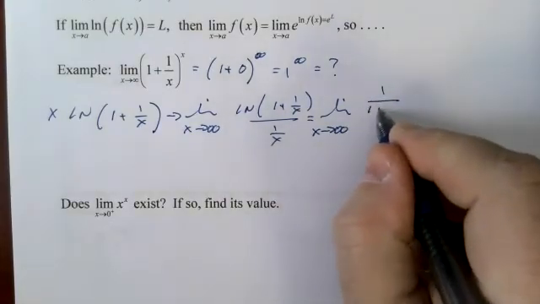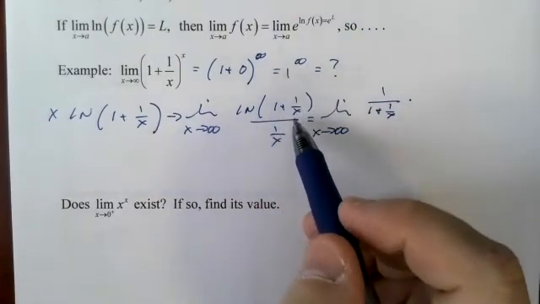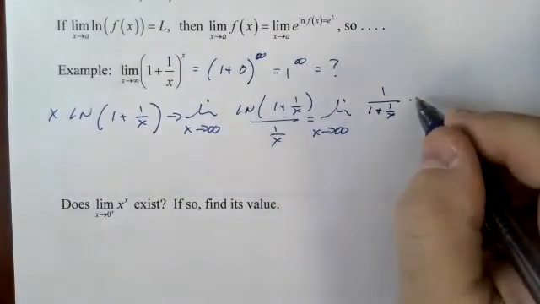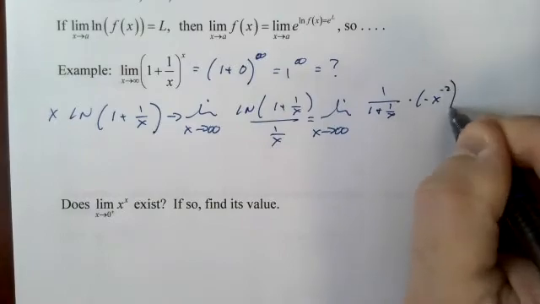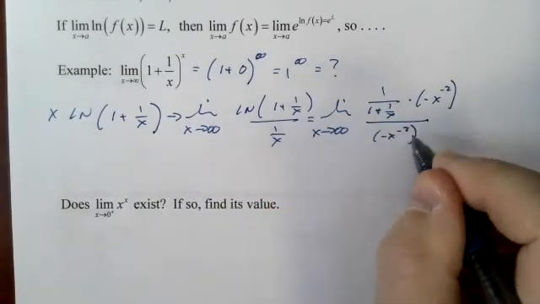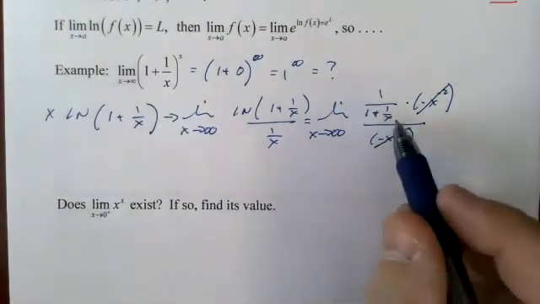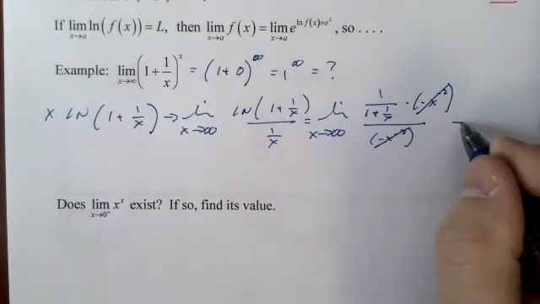One over 1 plus 1 over x times derivative of 1 over x, which is negative x to the negative second, divided by the derivative of the bottom, negative x to the negative second. Sweet. I like that. Okay, plug in infinity. I get 0, ends up with 1.